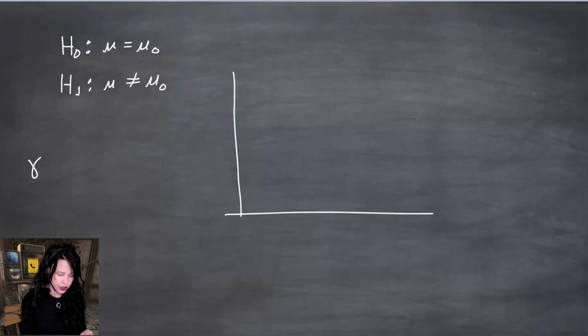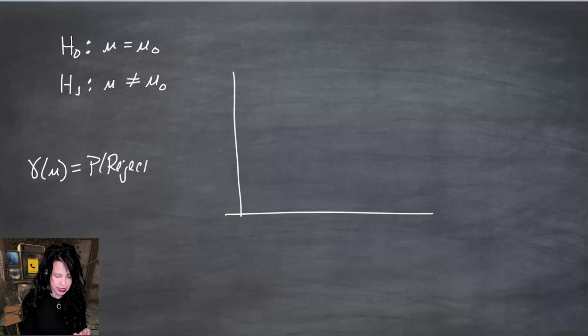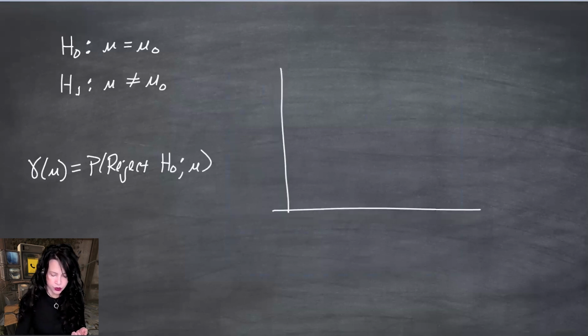The power function is going to be a function of mu, and it is defined to be the probability you reject the null hypothesis when the parameter is mu. So here is my mu axis, and I probably want to show some negative mu's here if this is a normal distribution.